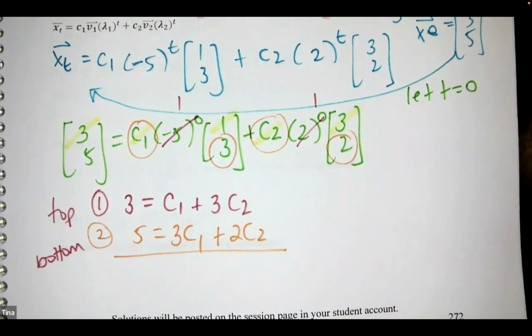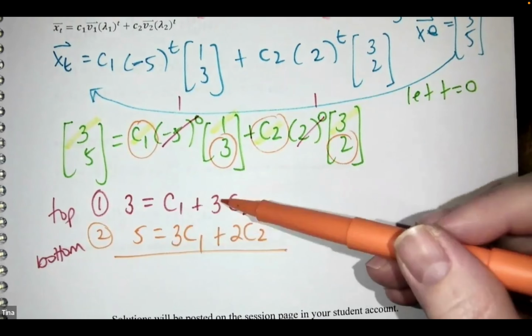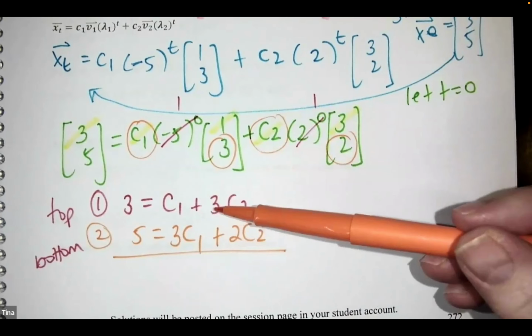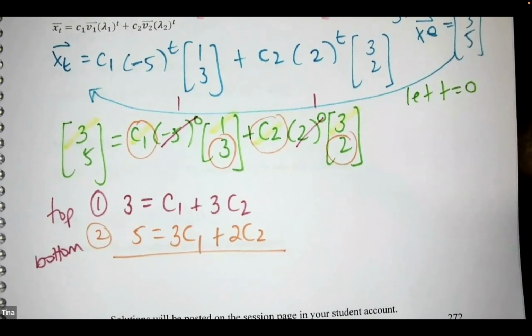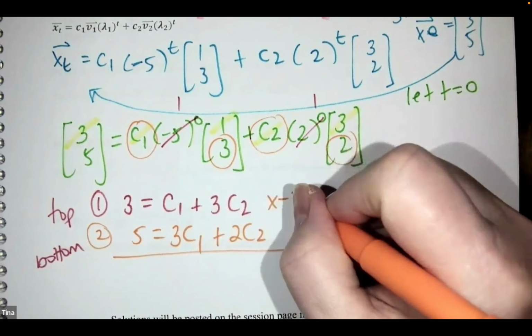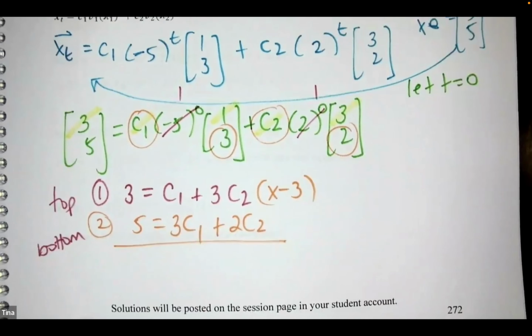So, do you want to eliminate, substitute? It's up to you, right? I've got a 1 and a 3 and a 3 and a 2. So if I wanted to work with getting rid of c2, I'd have to multiply by 2 and 3 to make 6s. Here I could just multiply by 3, or my preference is always to make them opposite signs. So if I make a 3 and a -3, then I can add the opposite.